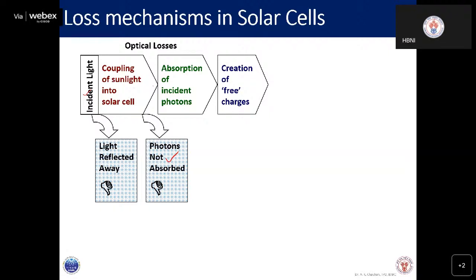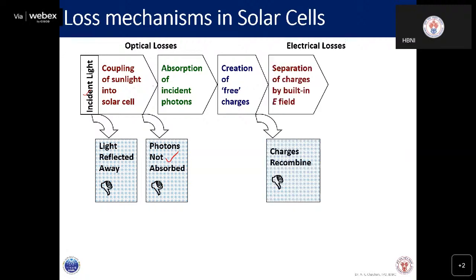Now suppose the photon has been absorbed, so it will create free charges. Once the free charges are created, they can recombine also. Who's stopping? Suppose an electron-hole pair is generated, that hole can recombine with the electron. As we said, these have a certain lifetime. Yesterday we saw the setup for lifetime measurement also.